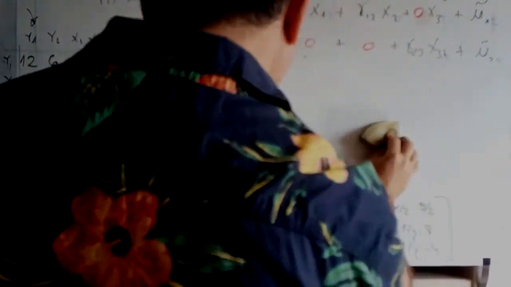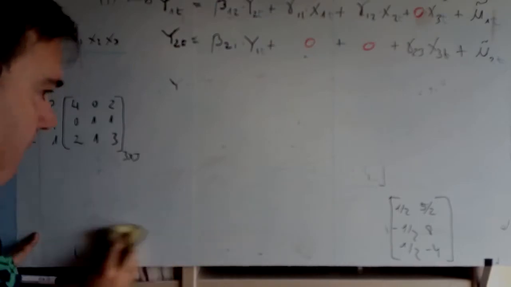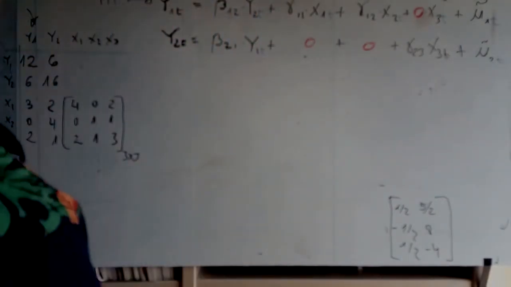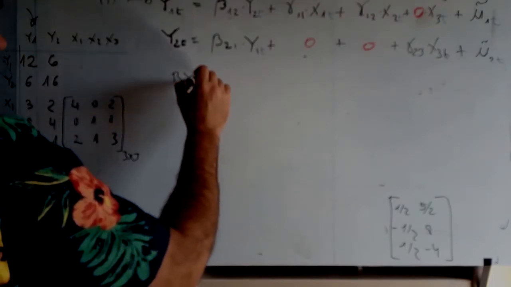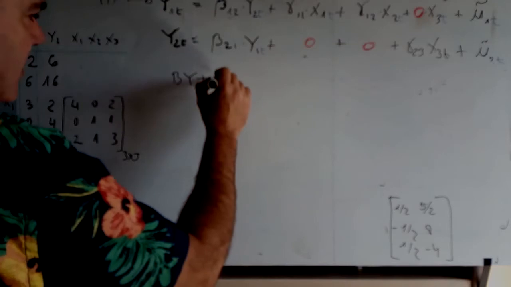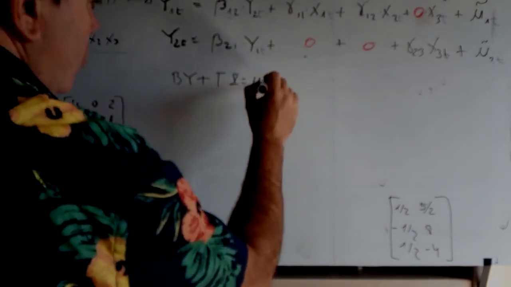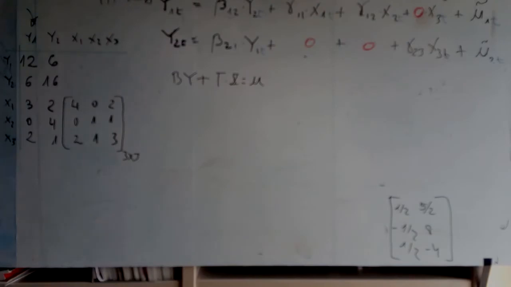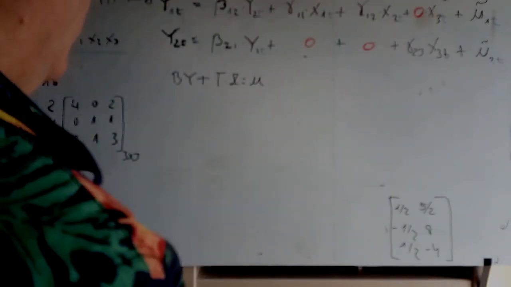Again, if you remember, the structural model was capital B times capital Y plus capital Gamma times capital X equal to the error term, transposing these coefficients to the other side of the equation.